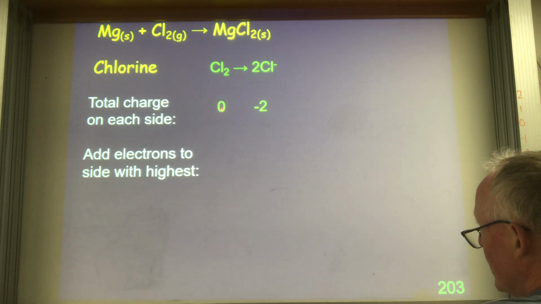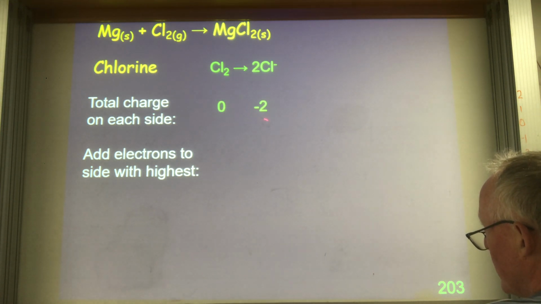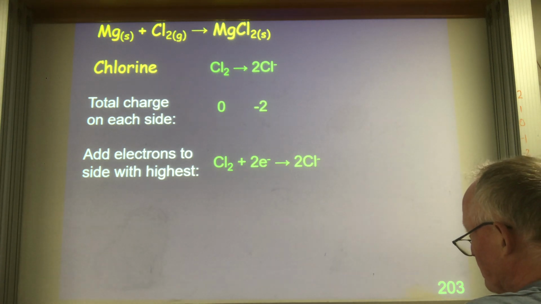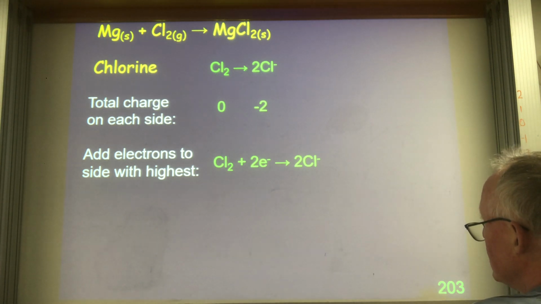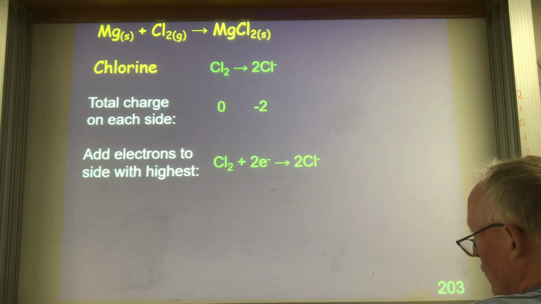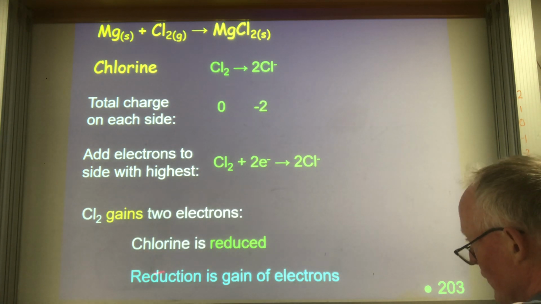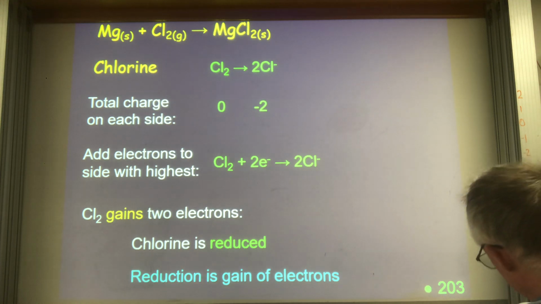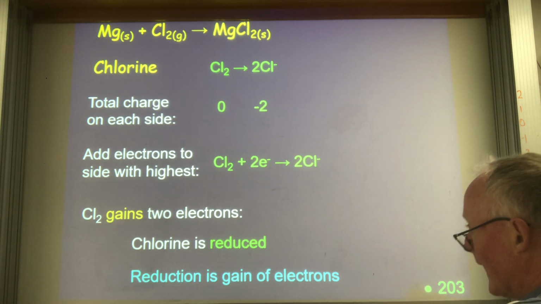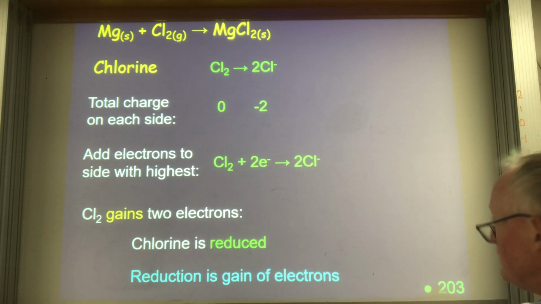We need to add 2 electrons to that side to bring it down to equal -2. So what's happening to the chlorine is it's being reduced, because reduction is always the gain of electrons.